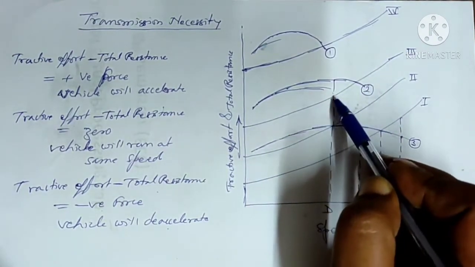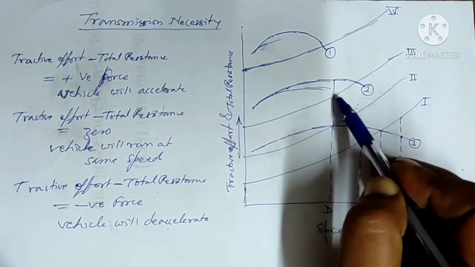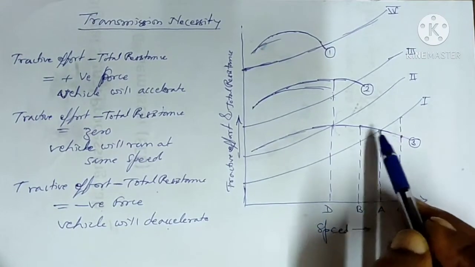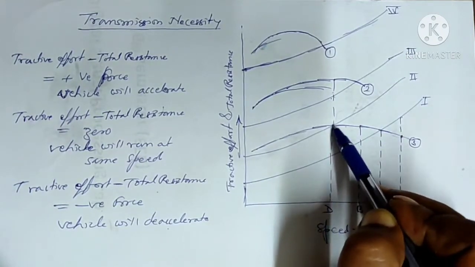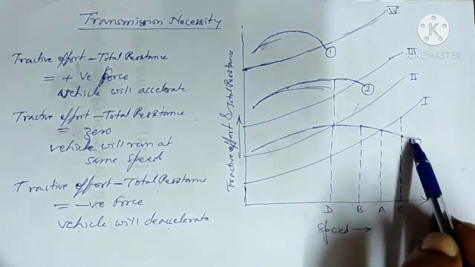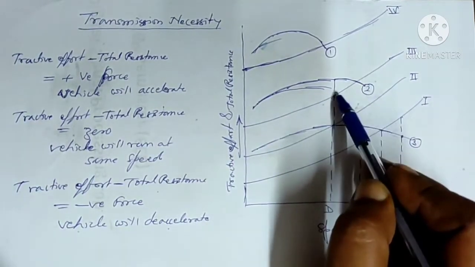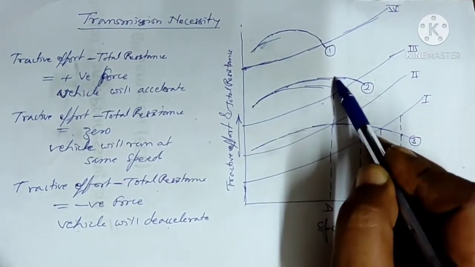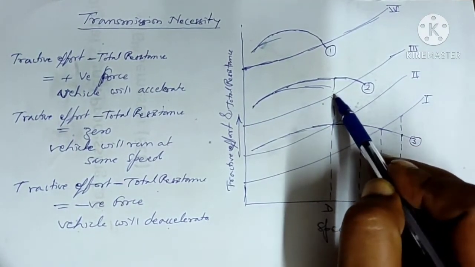In that case, if the resistance is this much, what will happen? We have to change the gear, because to overcome this resistance, the third gear position is not giving that much tractive effort. So you have to shift to the second gear. Then this will be the tractive effort on this curve at this point, and this is the total resistance.